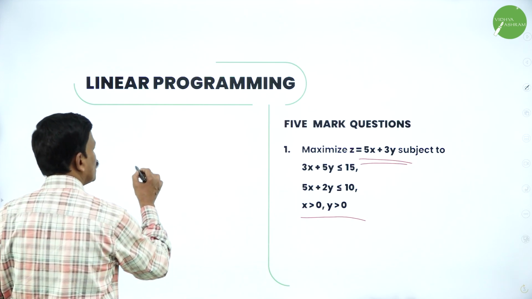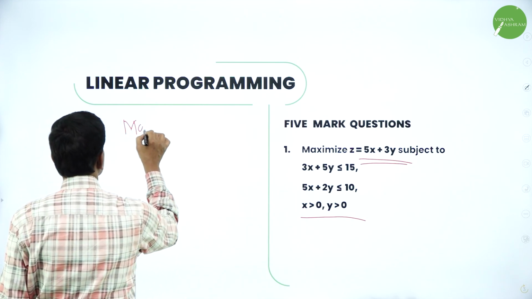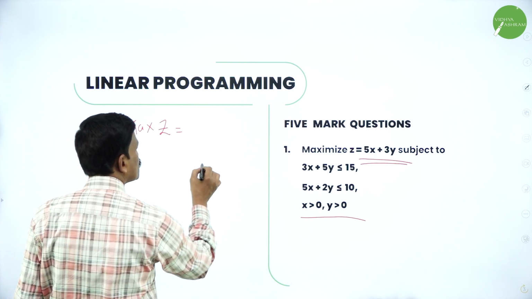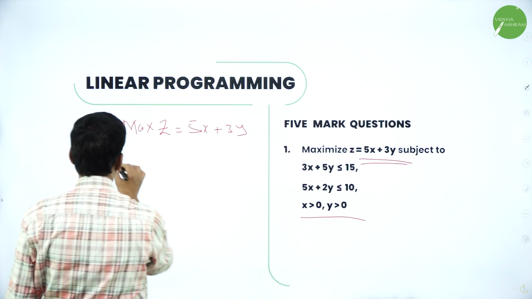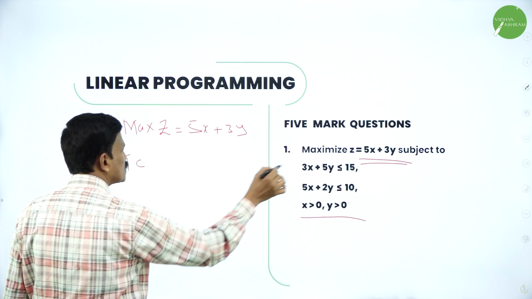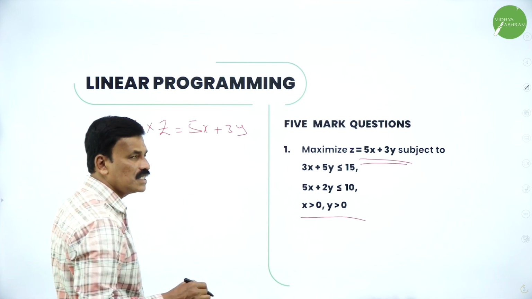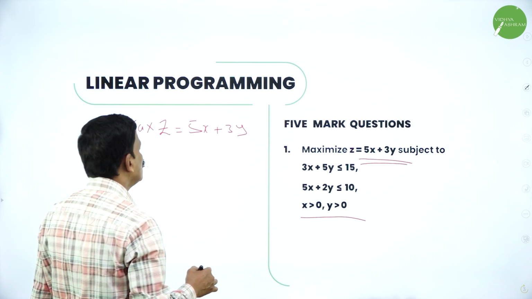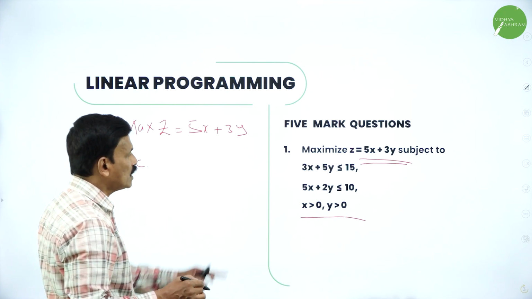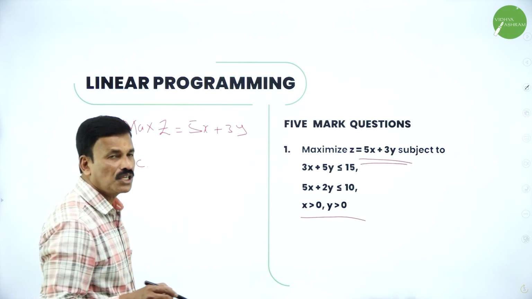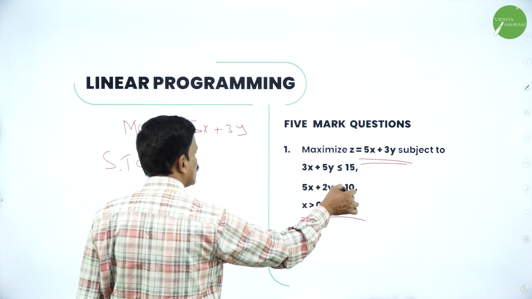Now what is the objective function? Here given max z. Maximum of z is equal to 5x plus 3y subjected to constraints. What are the constraints? 3x plus 5y is less than or equal to 15 and 5x plus 2y is less than or equal to 10. Now convert these inequalities into equalities. So these are two inequalities.